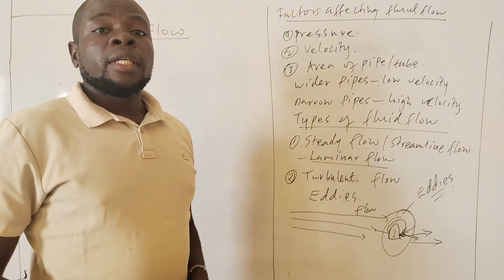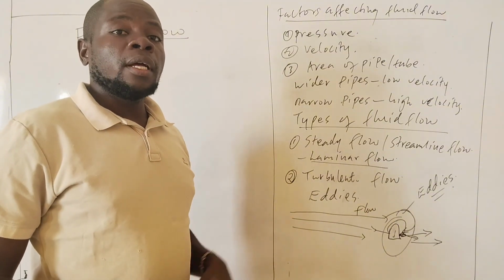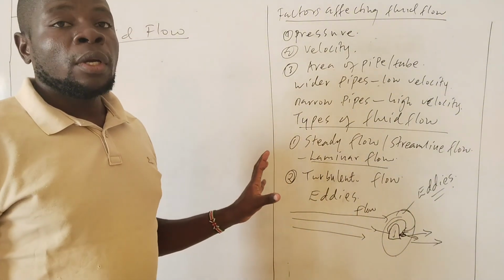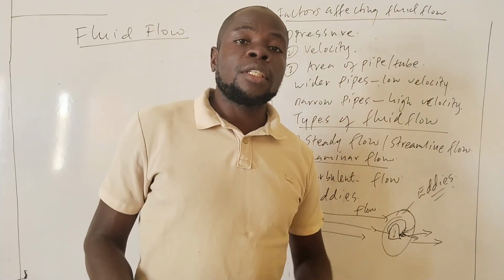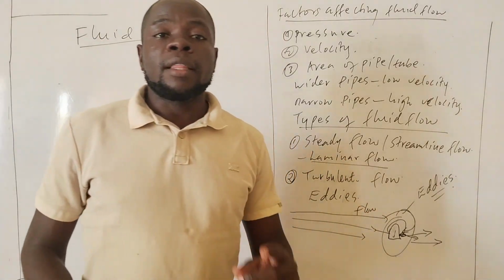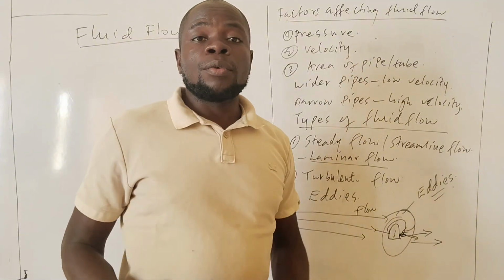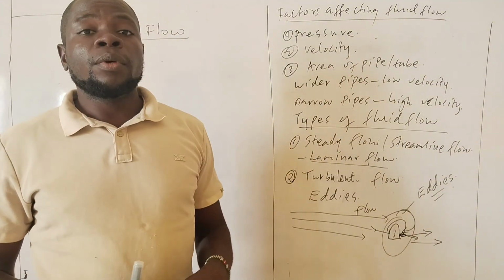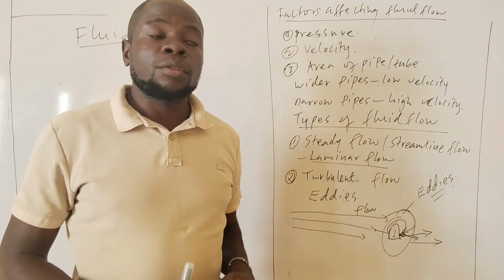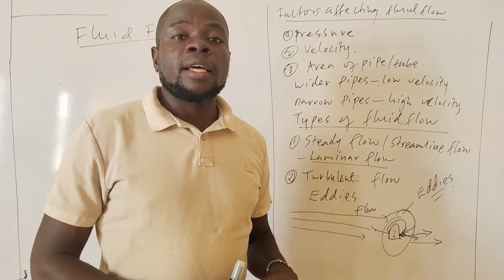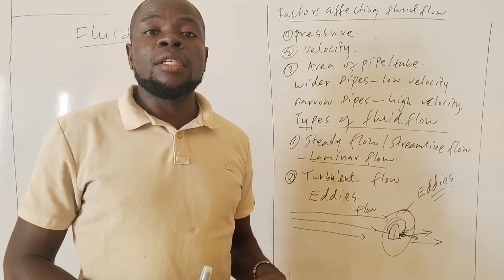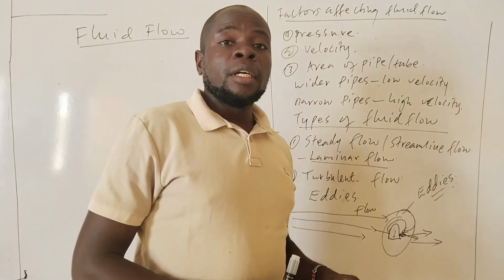So one is pressure. We said fluids always move from a place with higher pressure to that of low pressure. And then number two, we have the velocity of the fluid. A fluid with a high velocity will tend to have low pressure, and that with a low velocity will have a high pressure.